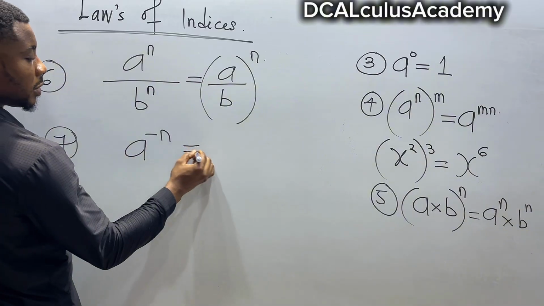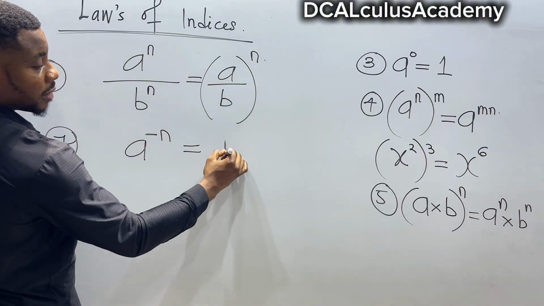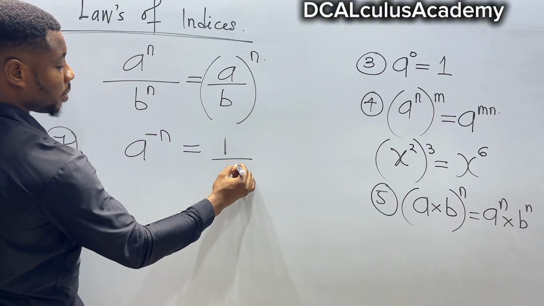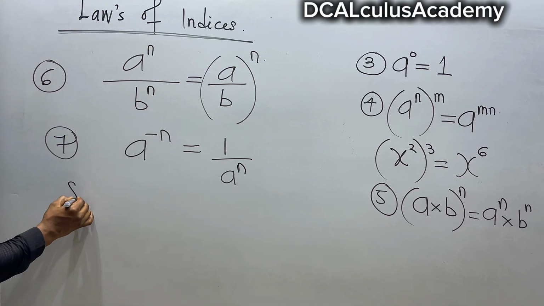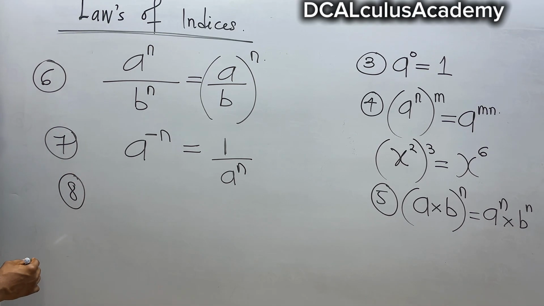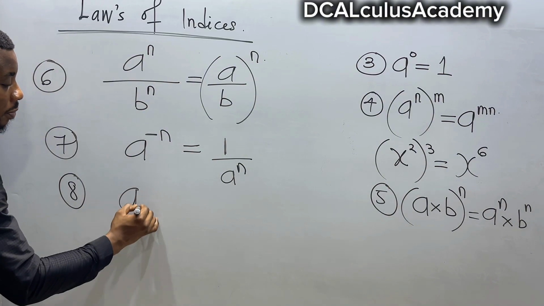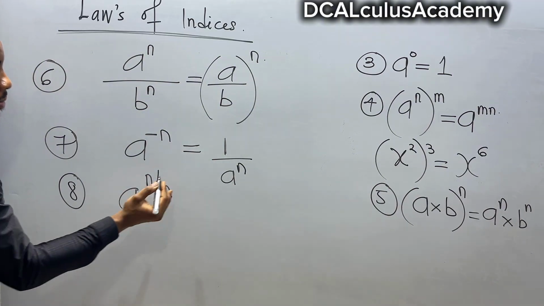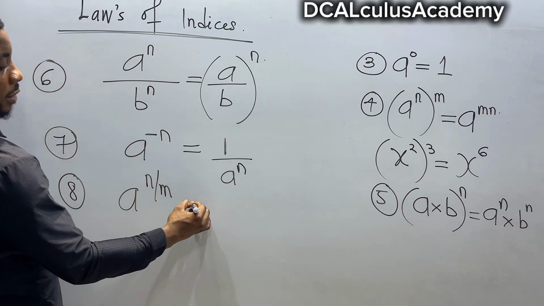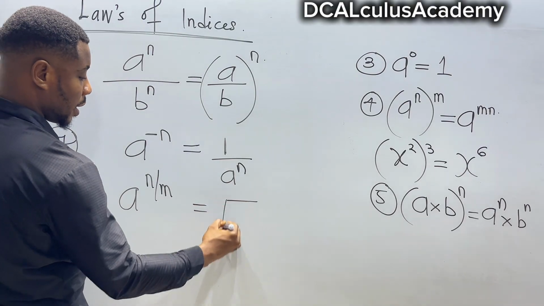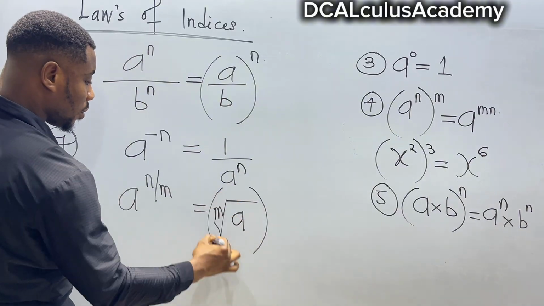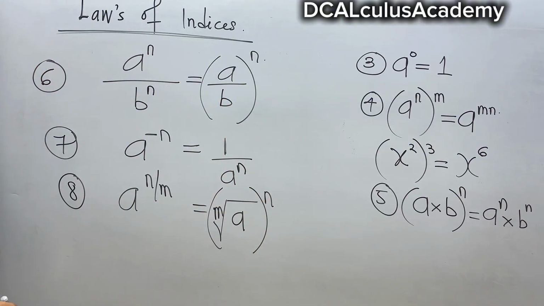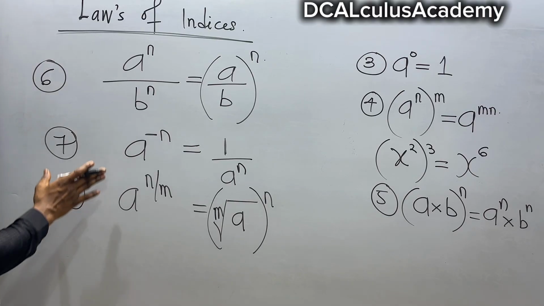Because of this negative sign, this gives us 1 over a to the power of n. Now law 8. If I have a to the power of n over m, it is the same thing as the mth root of a all to the power of n.